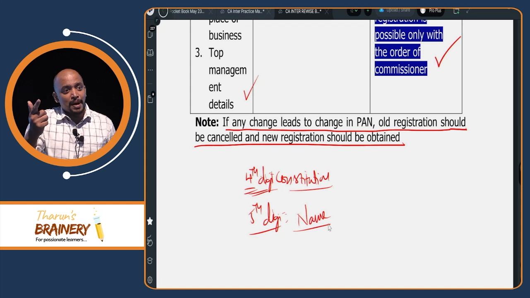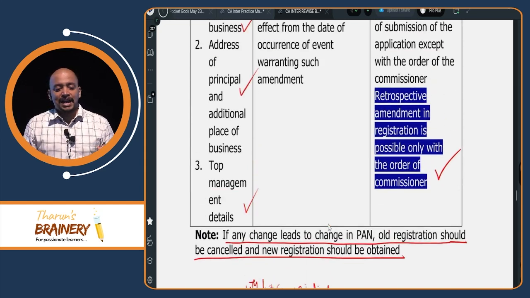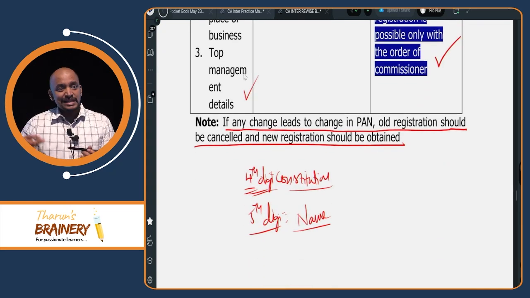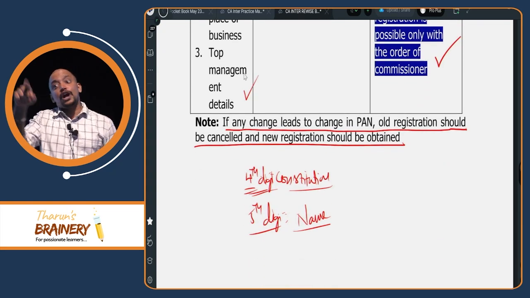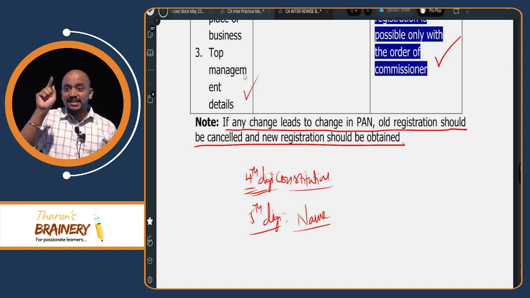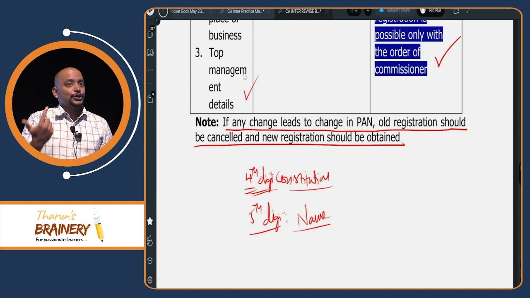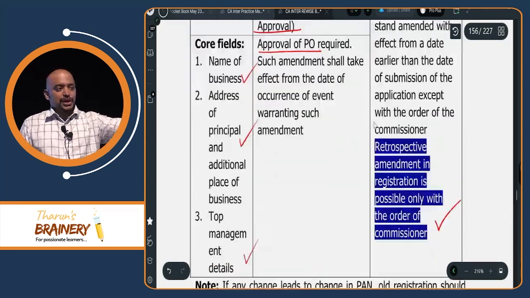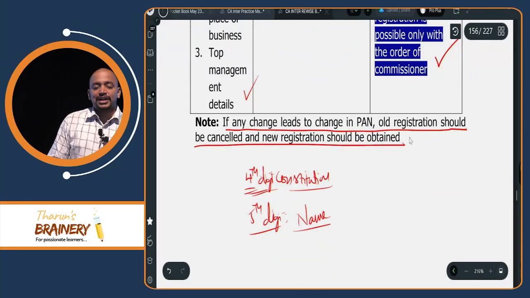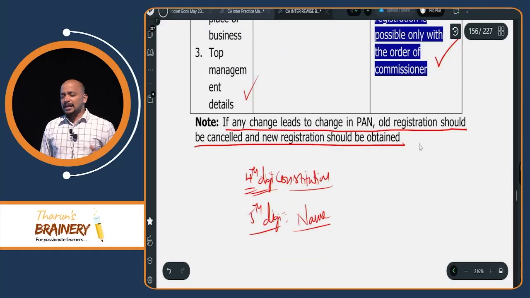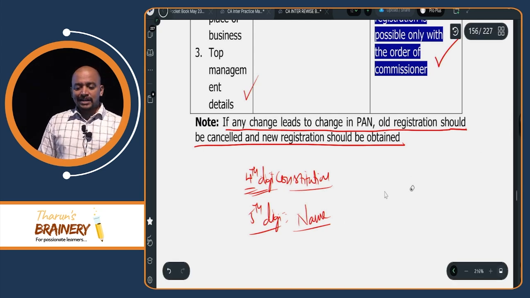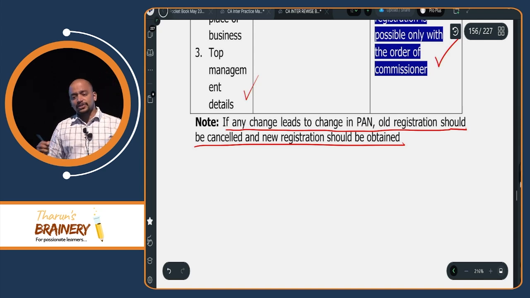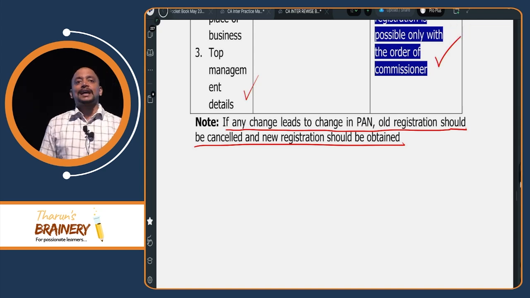Will that lead to a change in permanent account number? No. So we can make an amendment in registration, change in name. Suppose XYZ Motors is changed to ABC Automobiles. Now in that case, the first letter of the name changes, so we need to get a new permanent account number. Then we cannot make an amendment in registration. We need to cancel the registration and get a new registration. Now you tell me, which will be the priority? Cancelling the old registration and getting a new registration, or getting a new registration and then cancelling the old registration? Which should be correct?